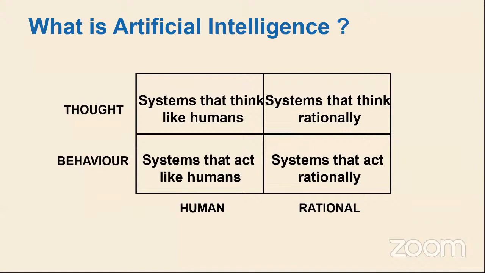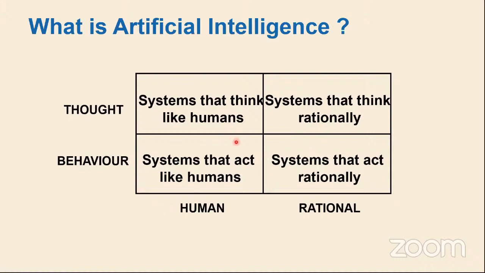Now this artificial intelligence can be divided into 4 quadrants based on thought and behavior on the y-axis, and on the x-axis, human and rational. So the first quadrant is systems that think like humans. Then in the second, we find systems that think rationally.